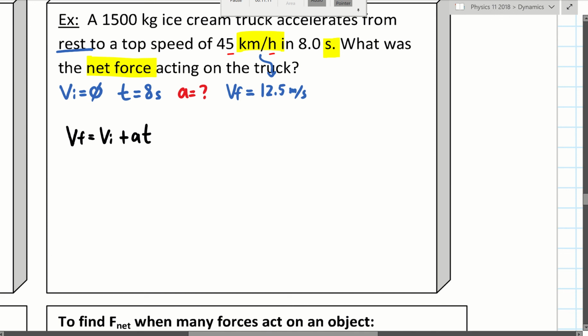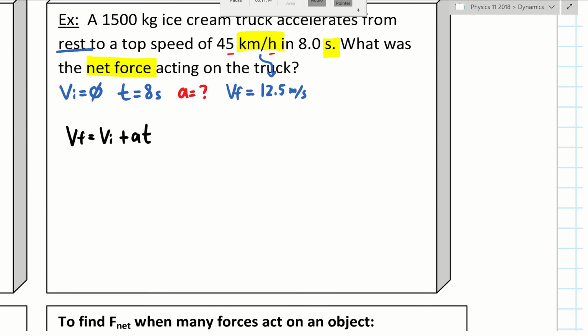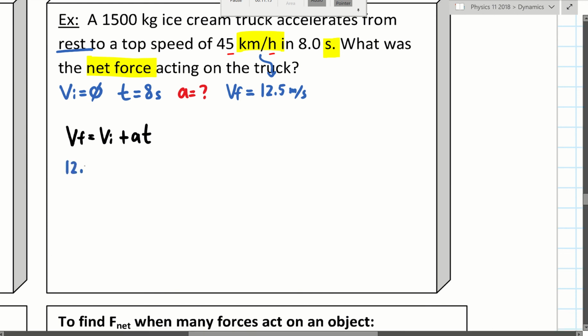Now, hopefully all of this is easy. So here, V initial is 0, acceleration is unknown, time is 8.